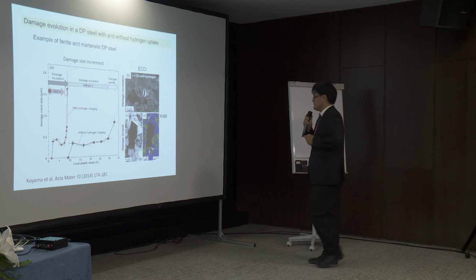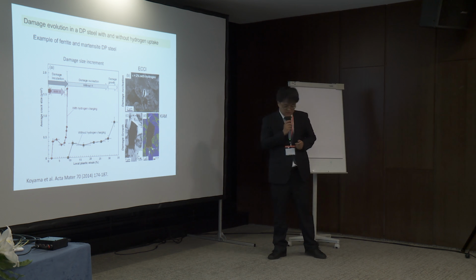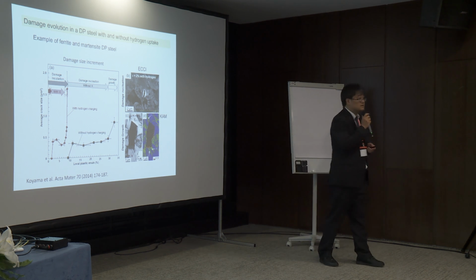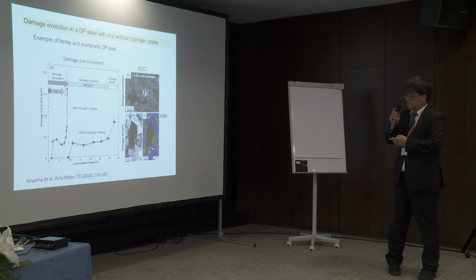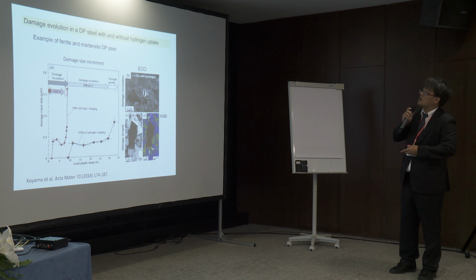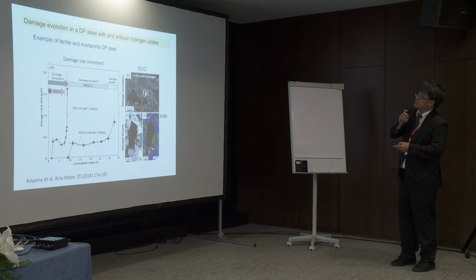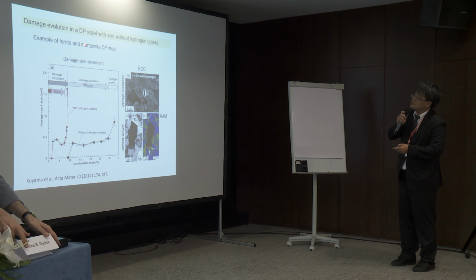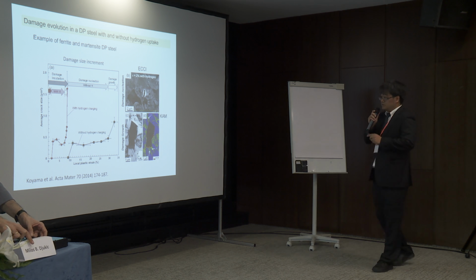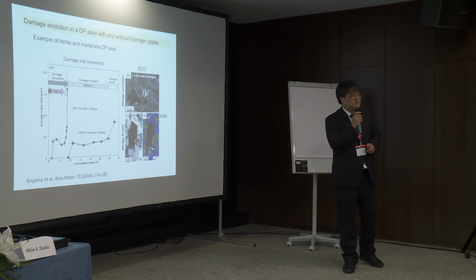So let's start the talk from the multi-phase steel. Unlike the single-phase steel, for example, the ferrite martensite dual-phase steel, this material also shows hydrogen embrittlement.